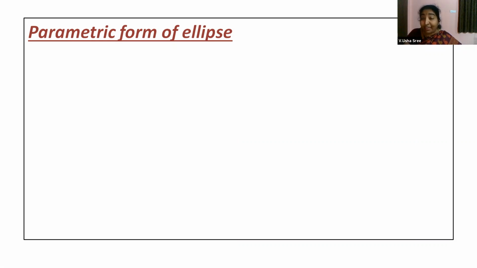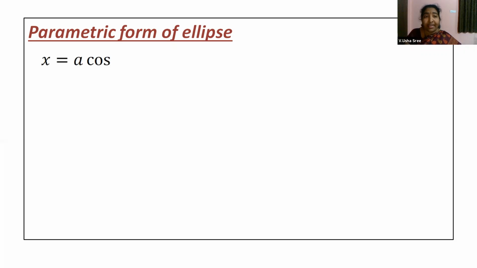Then that single variable which is describing the points on the conic or on the curve will be taken as a parameter. Now, in the case of circle, R was the parameter; likewise in ellipse also we have a parameter. What it is, we will look into.